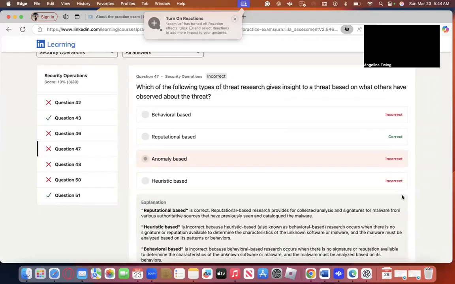Which of the following types of threat research gives insight into a threat based on what others have observed about the threat?